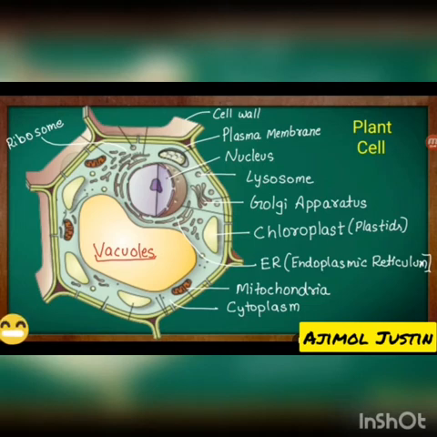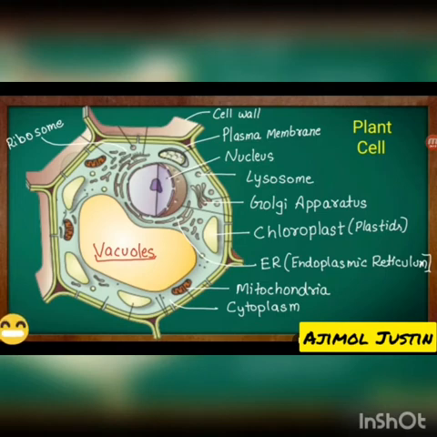Since this is a plant cell, you will see chloroplast, which helps in photosynthesis. And surrounding the nucleus you can see endoplasmic reticulum. Towards the side you can see mitochondria, which is called a powerhouse of the cell, and the liquid part in which all these cell organelles float is called the cytoplasm.